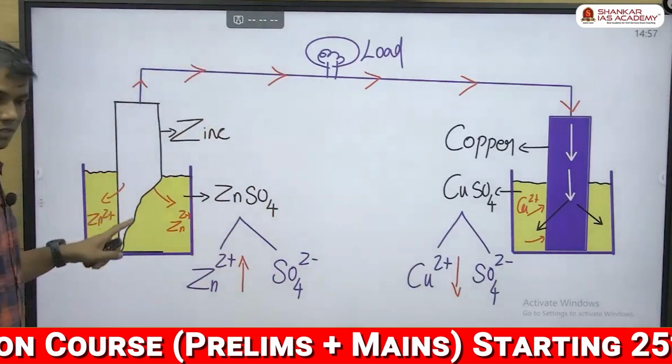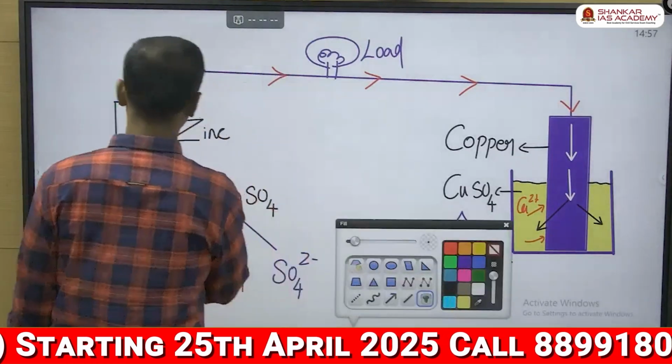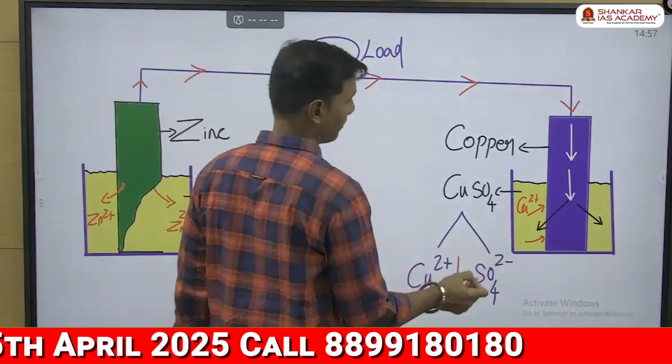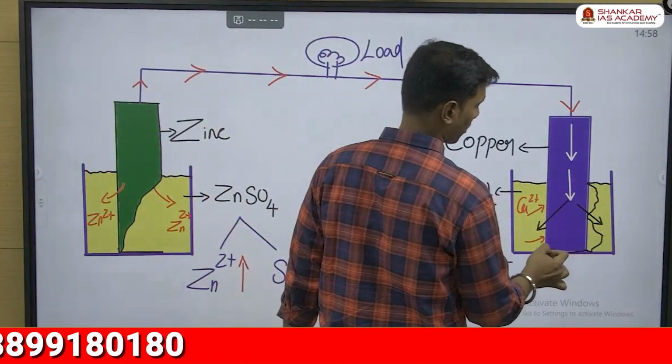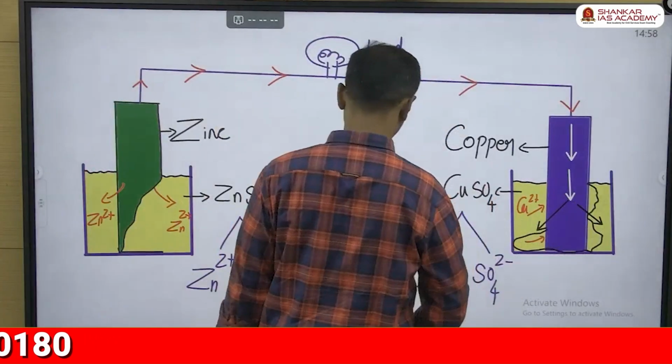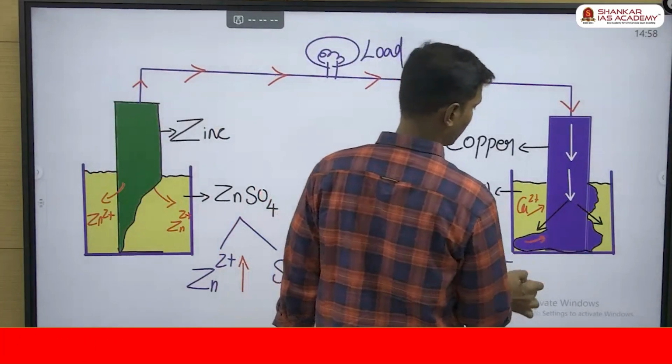That is, one metal is completely dissolving. Which metal is dissolving here? Zinc is completely dissolving. Over time, this will start growing in size. Which metal is growing here? Copper is growing here.